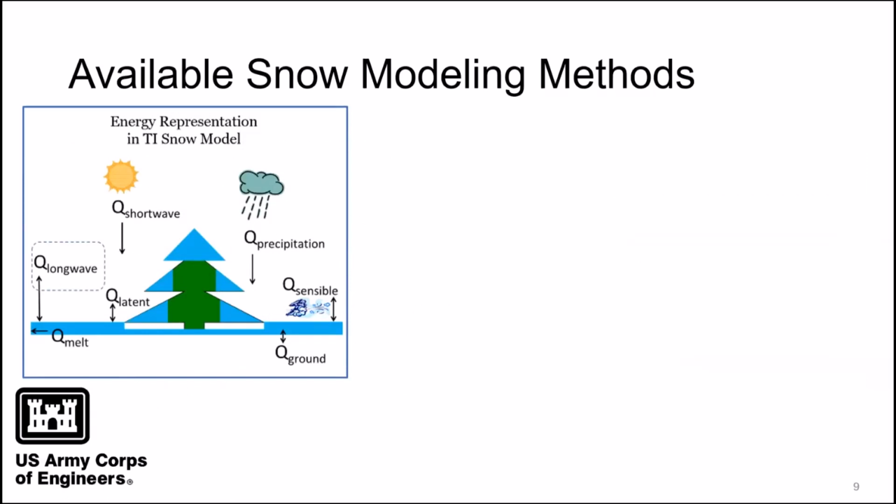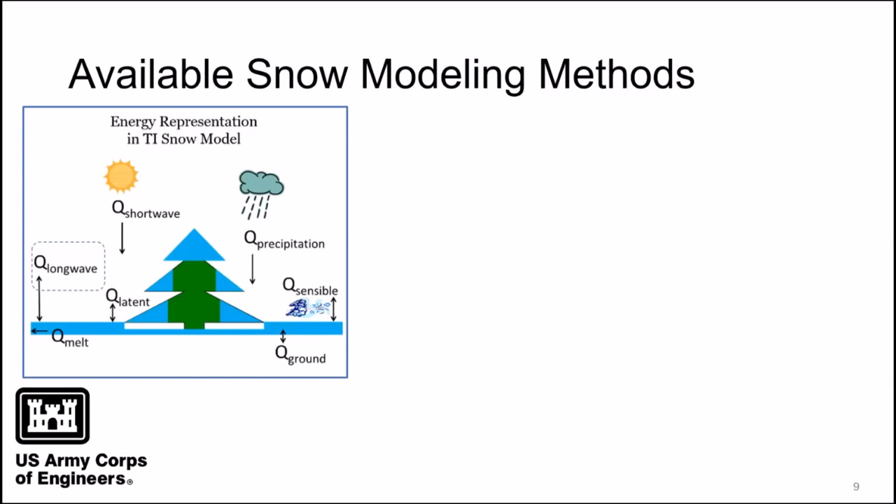So this is just the cartoons to summarize what I presented before. Which of the energy inputs from that long equation are we using in each of the methods? So for the temperature index method, the only one that really makes it into consideration is the long wave, and it's not even directly accounted for.